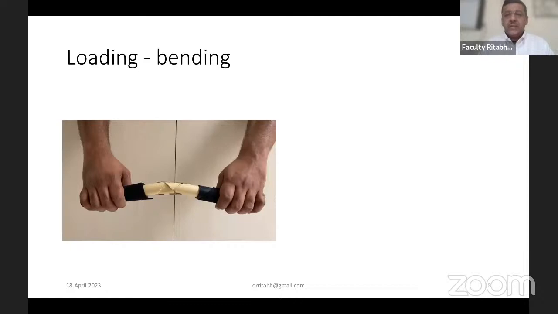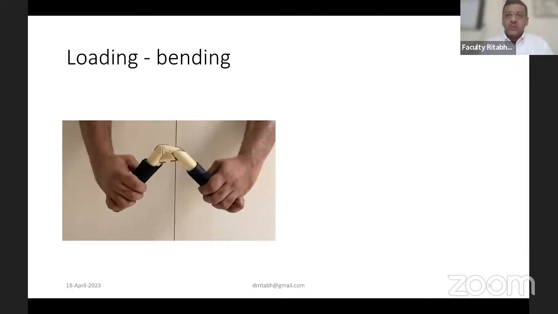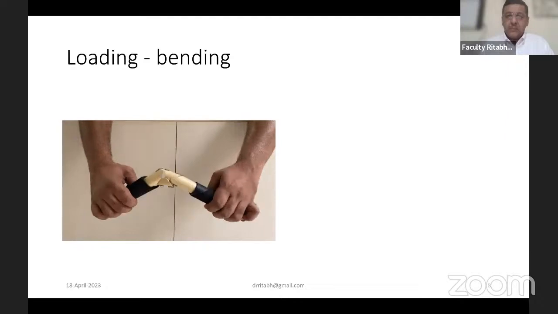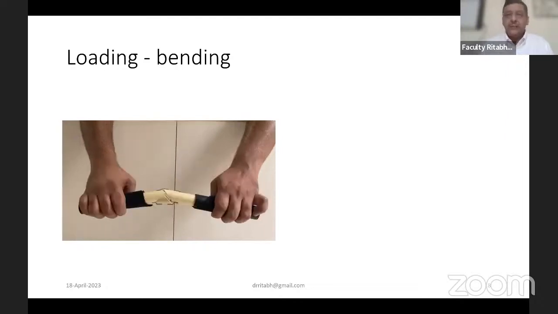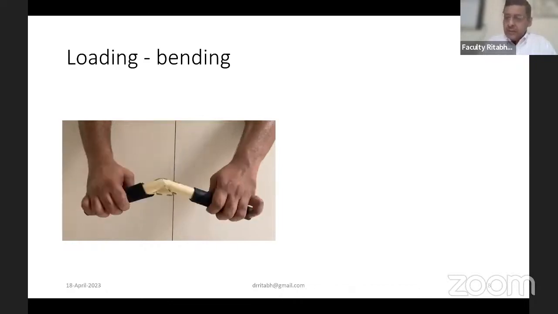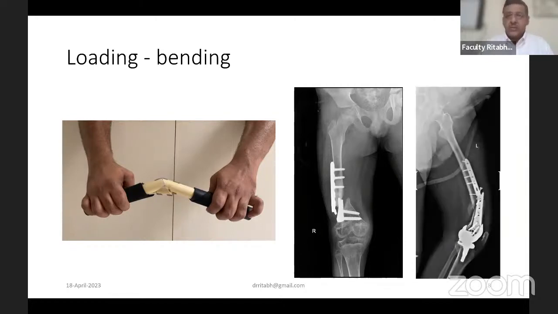So you can see a 5-year-old boy whose fractured femur plates, even the adult plate failed, possibly due to reasons that we'll understand as we progress in our presentation. And bending forces tend to angulate the fracture. Angulation, as you can see in the examples here.